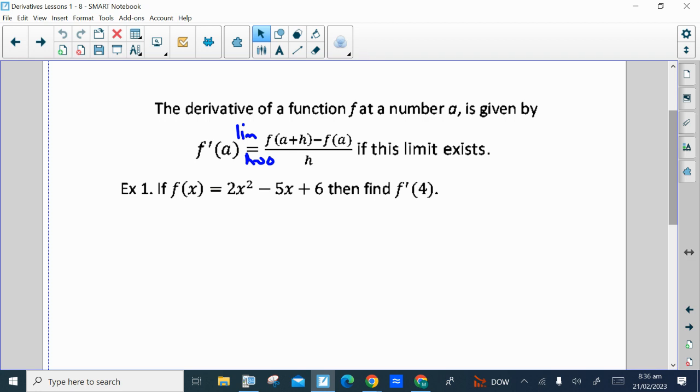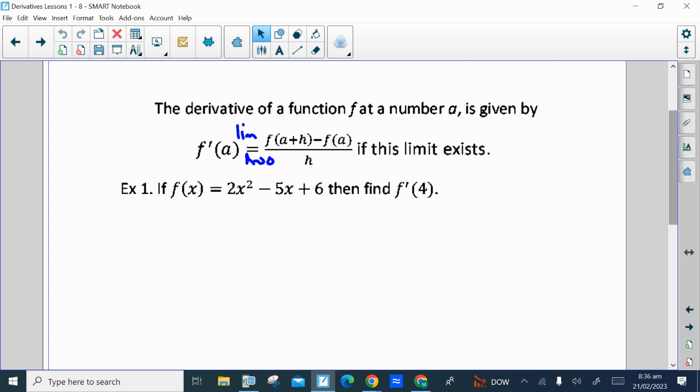And you should recognize that formula because that is one of the formulas we use for finding the limit from first principles. So this tells us then that what we were doing when we were finding the slope of the tangent, or we were finding the instantaneous rate of change, we were really finding the derivative of the function. Okay, that's what we were doing, finding the derivative of the function.